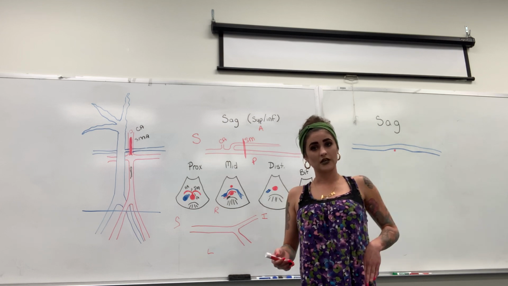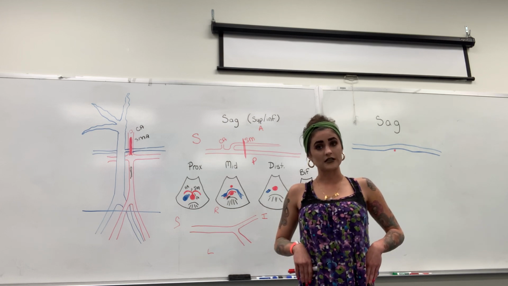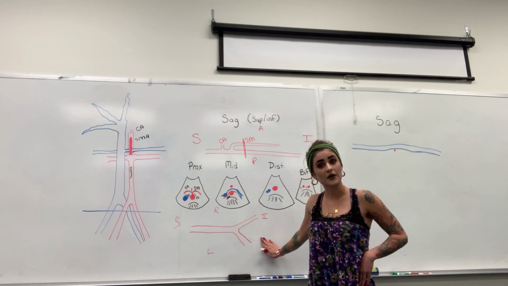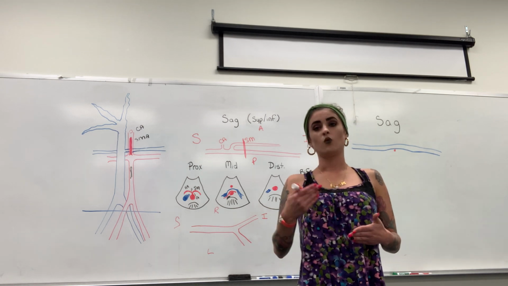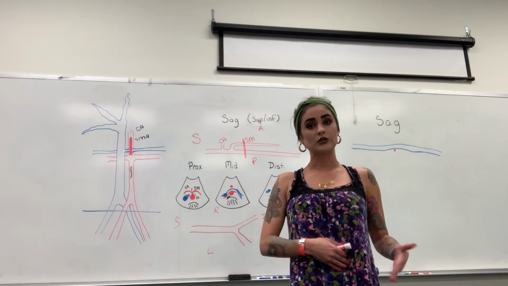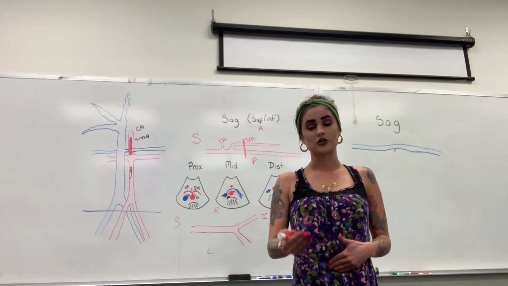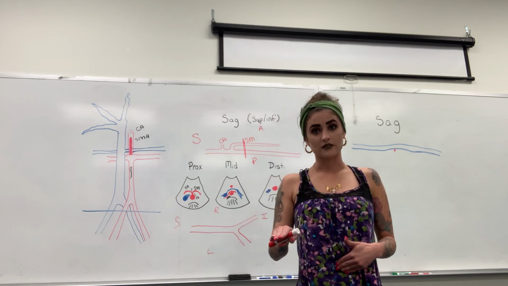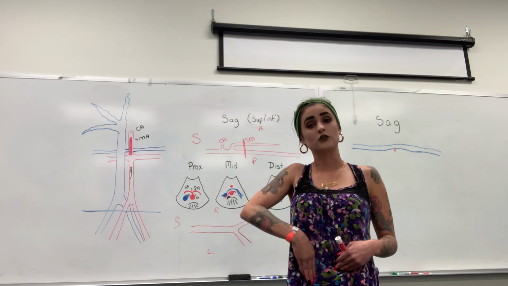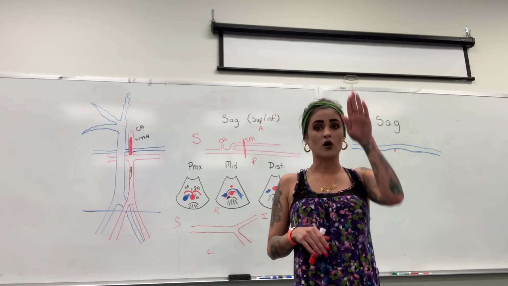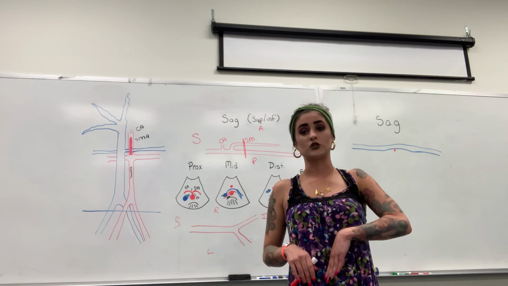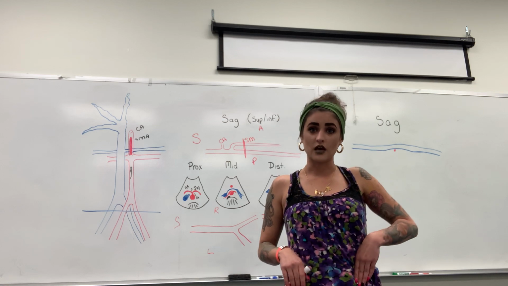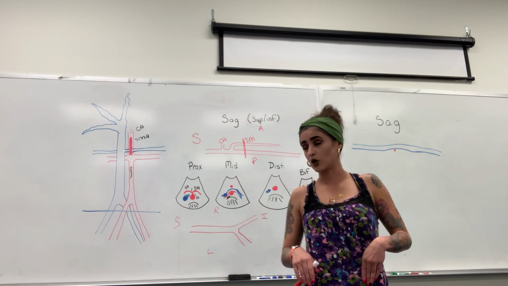However, if you take a left-sided approach versus a right-sided approach, you're going to have the exact same image. You need to know what window you're using. You need to know what side you're coming in on. You need to understand, this is the right on the top of my screen because I'm using a right-sided coronal approach, or this one at the very top of my screen is going to be my left because I'm using a left-sided window.